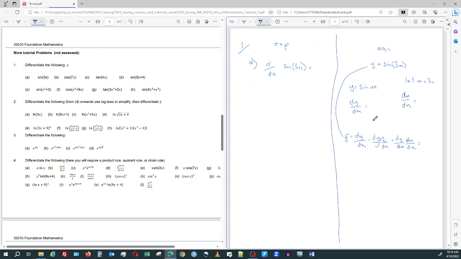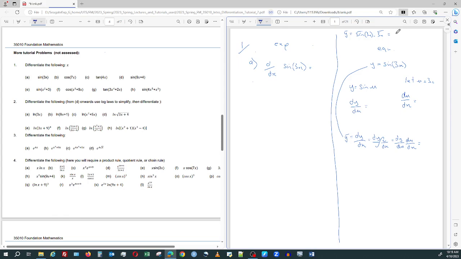You can do a shortcut. The shortcut basically says find the derivative of the two terms. So y dash would be equal to the derivative of sine 3x times the derivative of 3x.